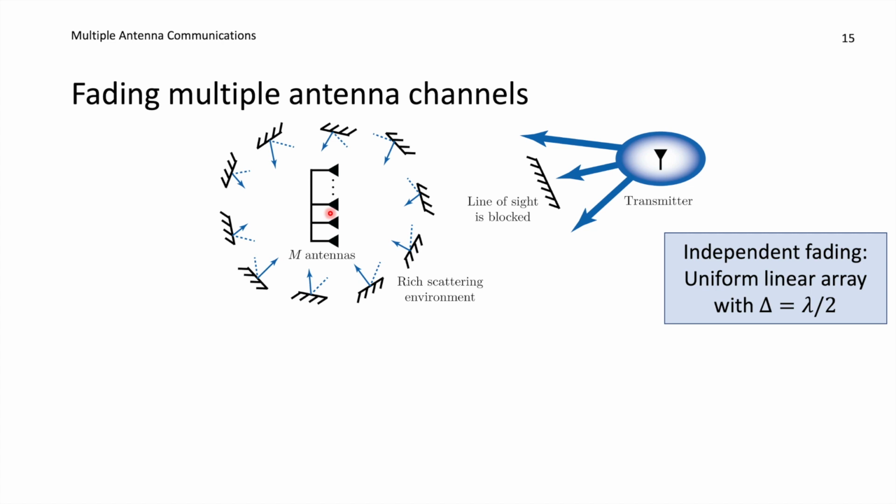And that is one of the reasons why it's very common to consider a uniform linear array with that antenna spacing in practice, because we want to have independent fading so that we get as unique information at the different receive antennas as possible.